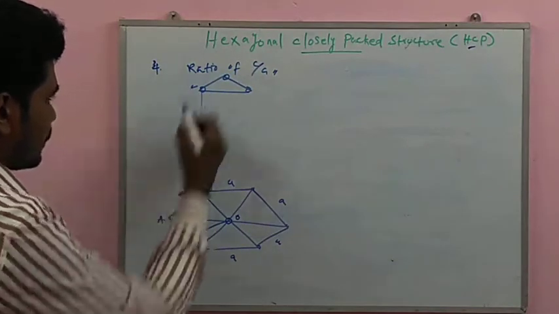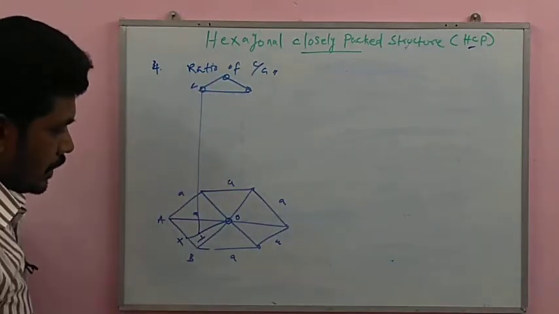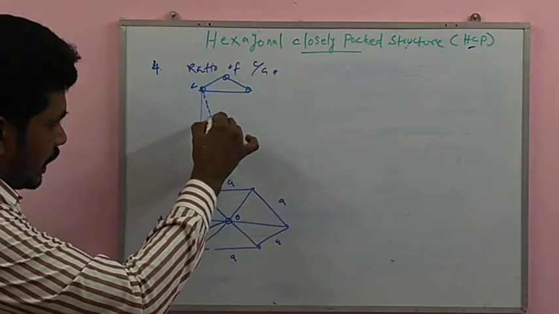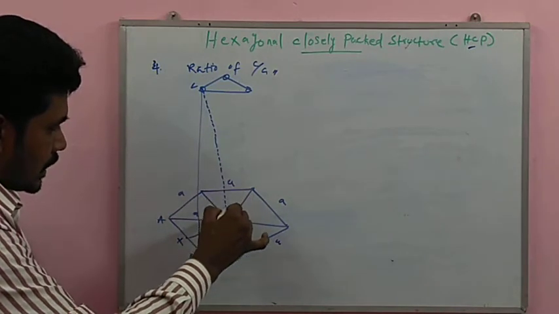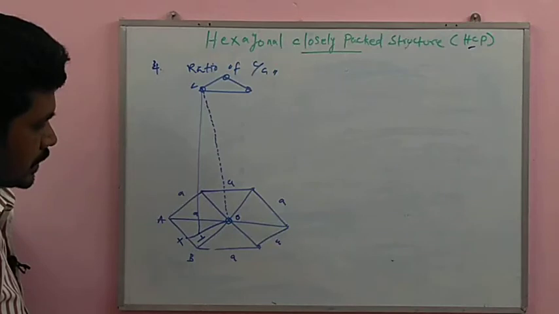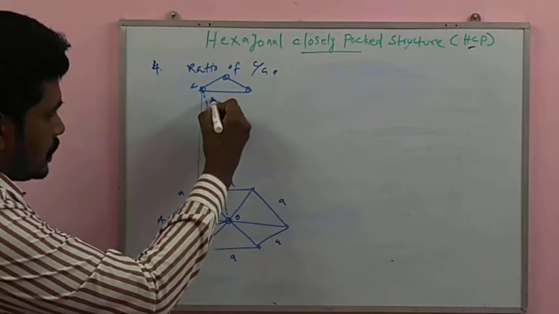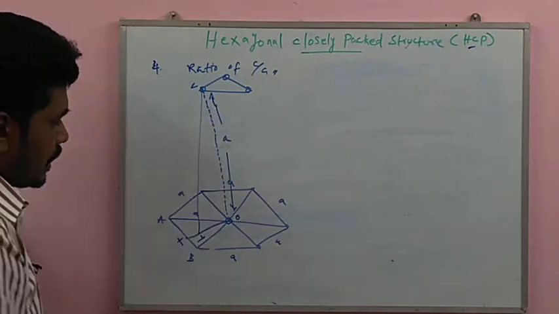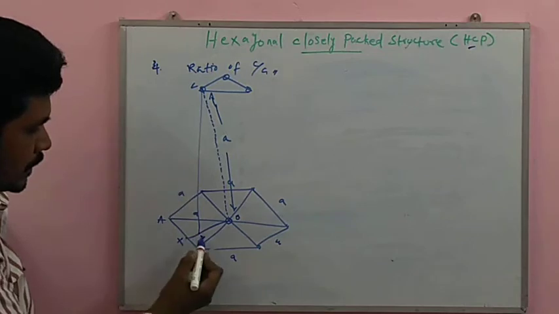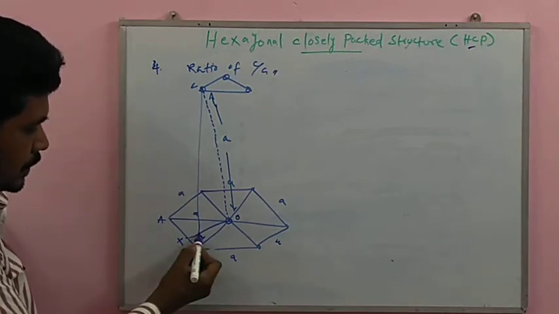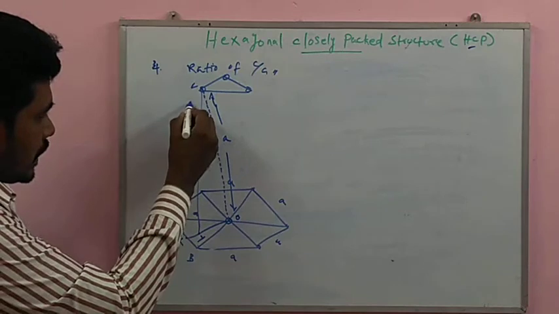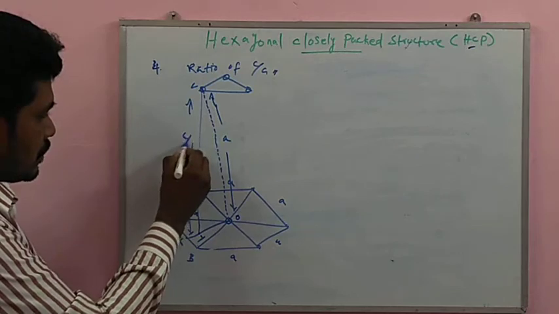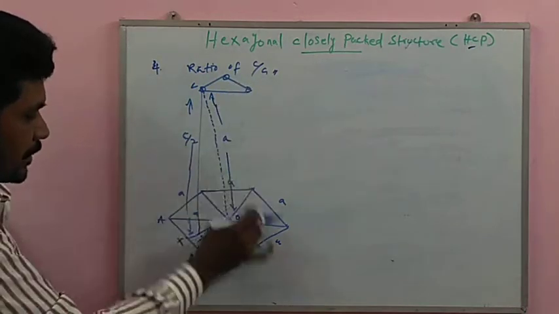That is the value for C. So C is connected to O, the center of the base. The distance from C to O is equal to A, the lattice constant. For Y to C, the distance is equal to C by 2, as the middle layer is between the base layers.